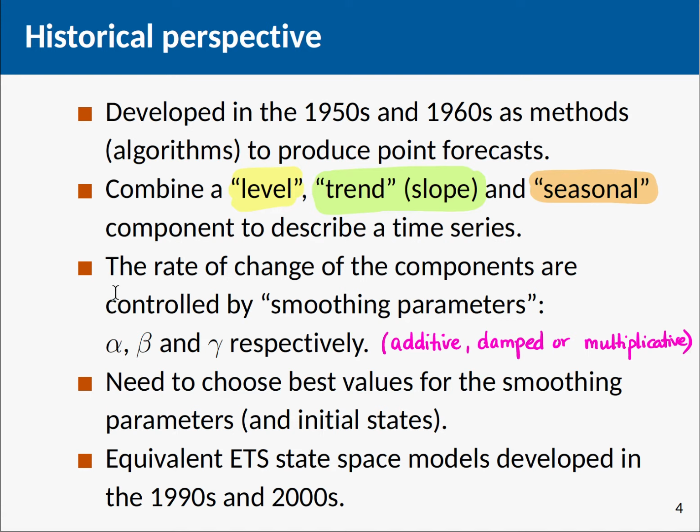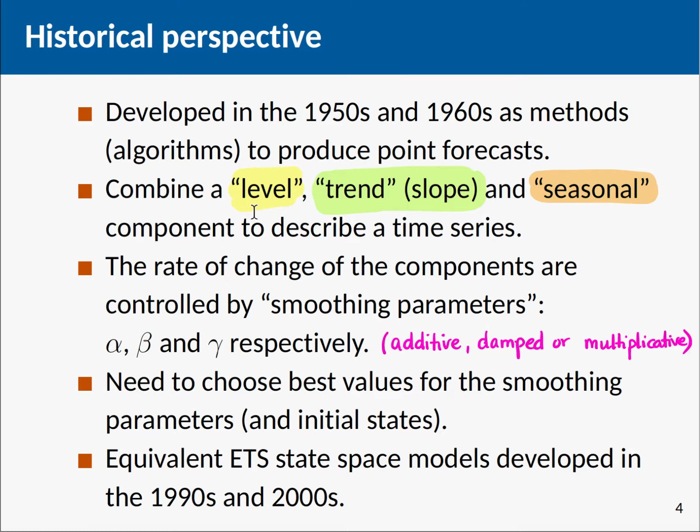Now, the rate of change of the different components, that is the level, the trend, or the slope of the time series, or the seasonal component, is controlled by what we call smoothing parameters. The smoothing parameters, as we go along in this chapter, are going to be alpha, that controls the level of the time series.